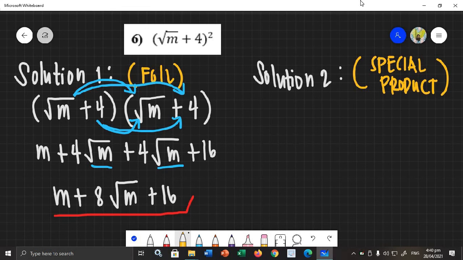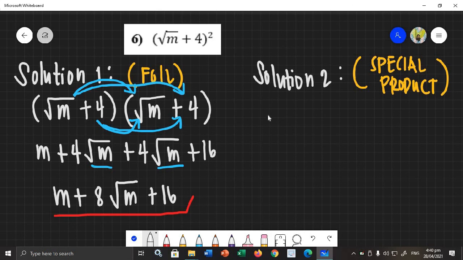Okay? Pero you can also use FOIL method for example number 5. Okay? Dito sa example number 6 naman, example number 5 is an example of sum and difference of two binomials. Example number 6 is an example of square of binomials. Kapag square of binomials yung hinahanapan natin ng product, mayroon tayong mga steps na sinusunod.